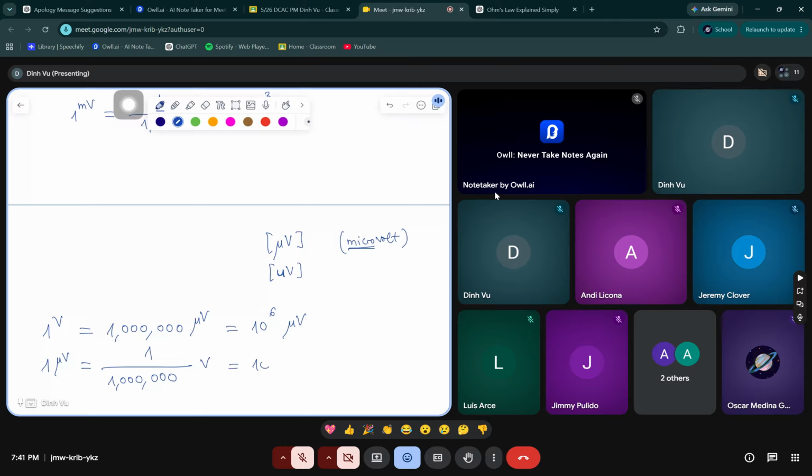Or you write this as 10 power negative 6 of volts. Okay?